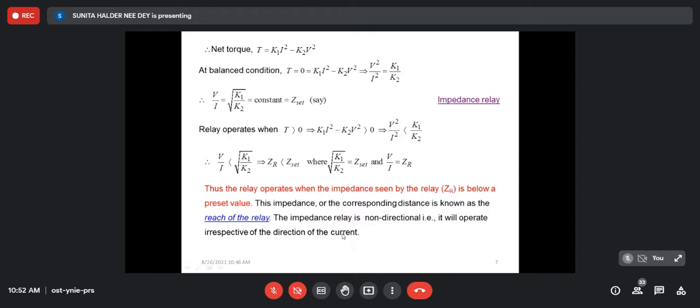Because impedance relay is nothing but an overcurrent relay. So instead of using an ordinary overcurrent relay, if we use a directional overcurrent relay, we can provide a directional feature. So that option is also there. But the ordinary, general impedance relay is insensitive to the direction of current. It does not sense the direction of current. It senses only the magnitude of current.